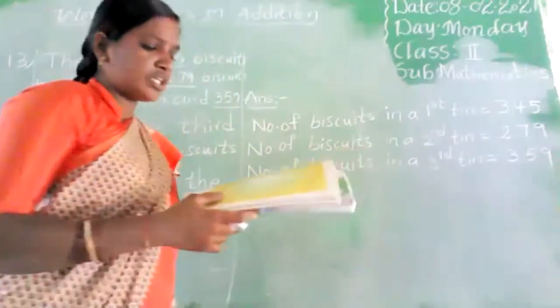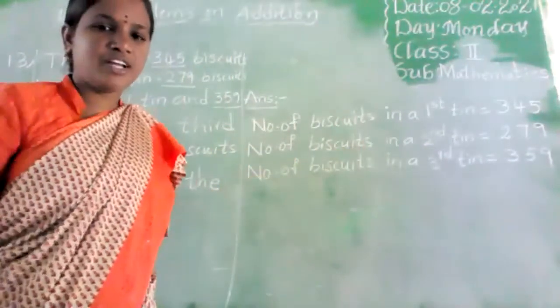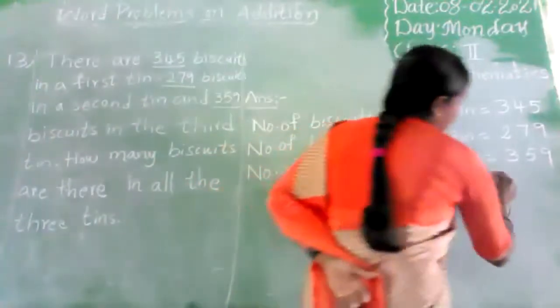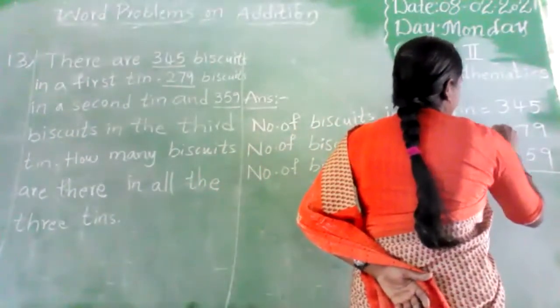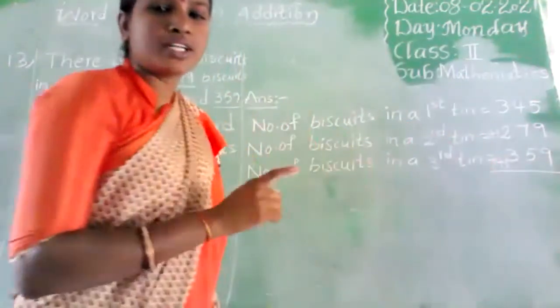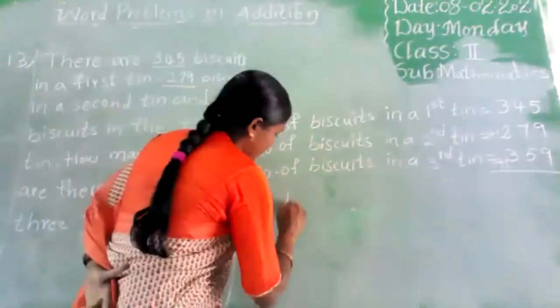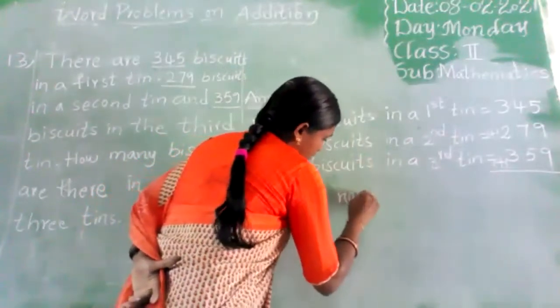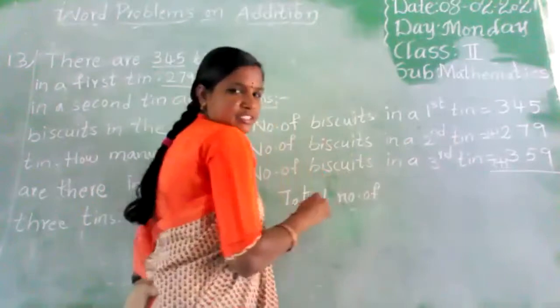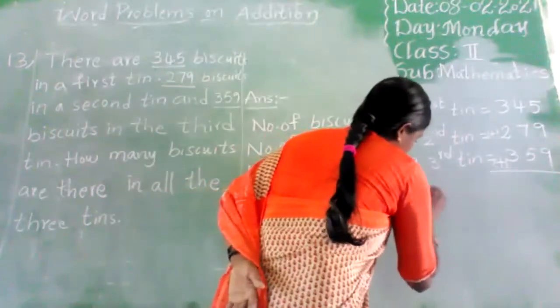So now let us find the total number of biscuits. So plus. Now, what do you find? Total number of biscuits.